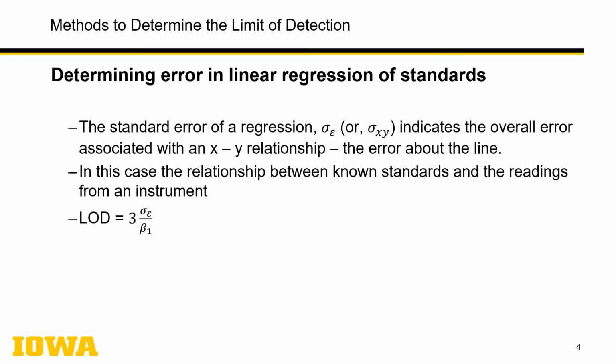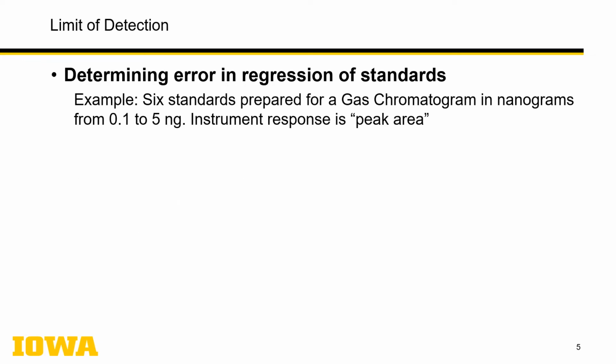So again, the LOD now is 3 times something, but in this case, that something is the standard error of your kind of noise around your slope, your linear regression line, divided by or compensated for by the slope value itself, beta 1.